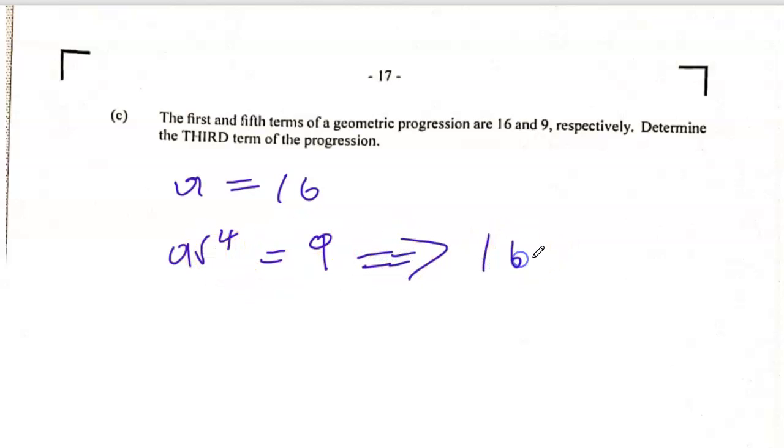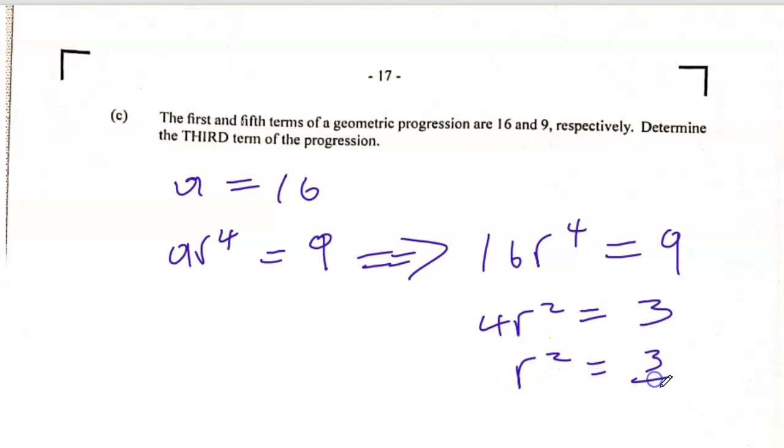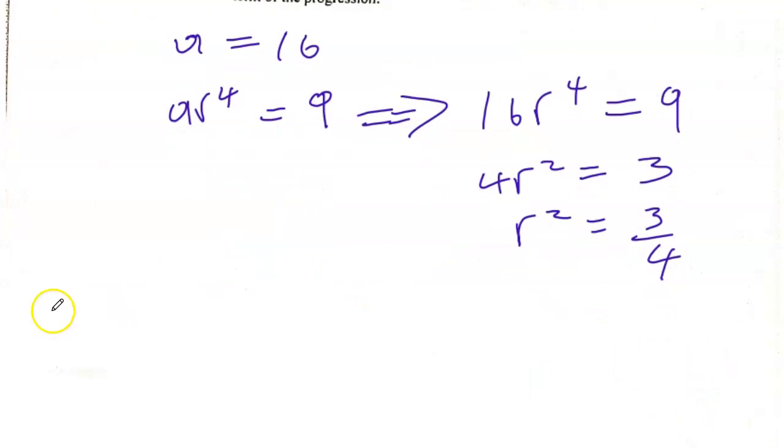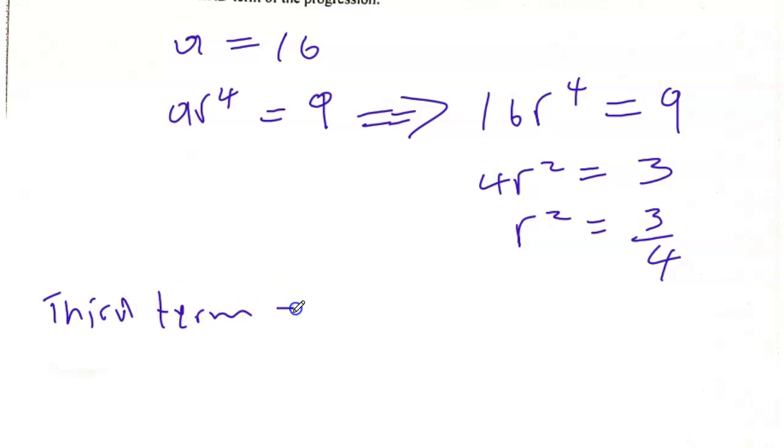So 16 times r to the power of 4 would be equal to 9, which means that taking the square root of both sides, 4r squared would be equal to 3. So r squared would be 3/4. Now the third term is actually equal to ar squared.